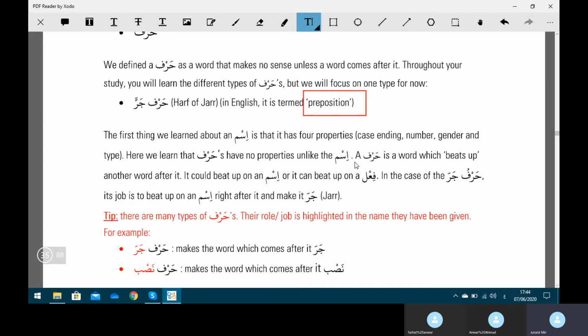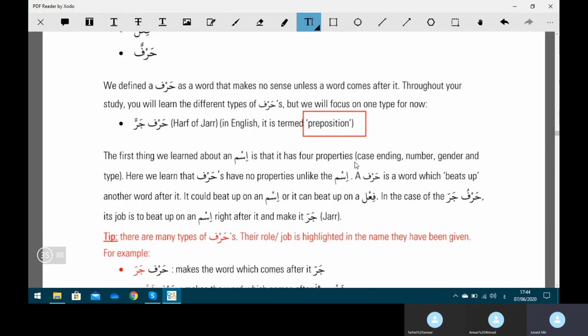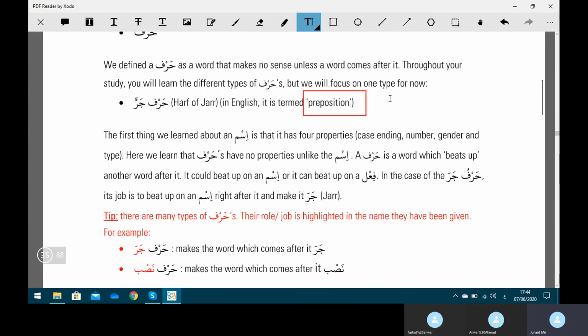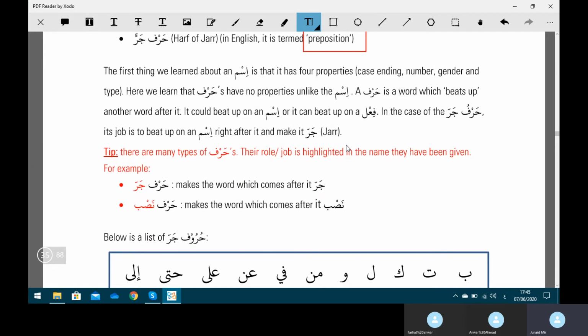You use different ways of describing the toaster. It's the same thing here. You see an ismun, you can break it down with four properties. You see a harfun, you don't break it down in any properties at all. The only thing you might say about a harfun is it makes the word after it jarun, or it makes the word after it nasbun, etc. That's what you can do with a harfun.